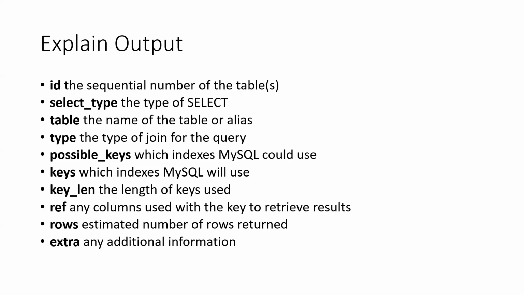Possible keys are the indexes MySQL could use, key is the index MySQL will use, key length is the length of the key used, ref is any columns compared with the key to retrieve the result, rows is the estimated number of rows returned, and extra is any additional information. So yes, execute a query using explain and then have a look at this.